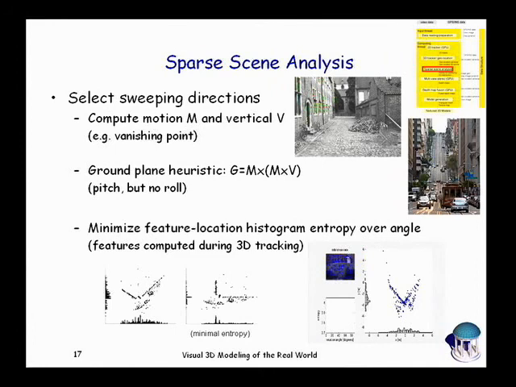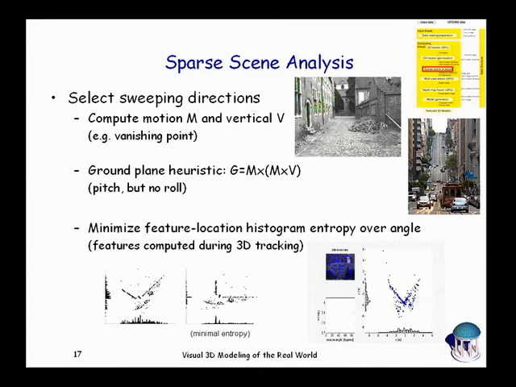The first thing, if we have an INS GPS, is to recover the direction of motion, which we get from structure from motion or from the INS GPS system. And also the vertical, which is gravity from the INS, or you just get it as the vertical vanishing point, which is typically very stable to extract from urban scenes.